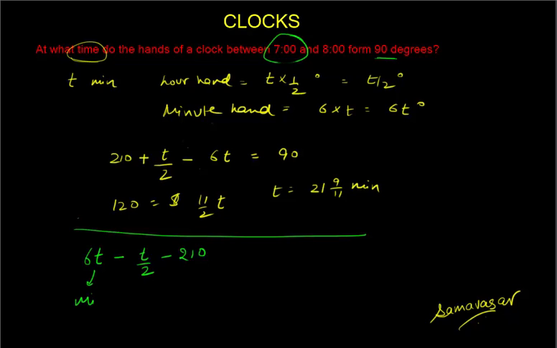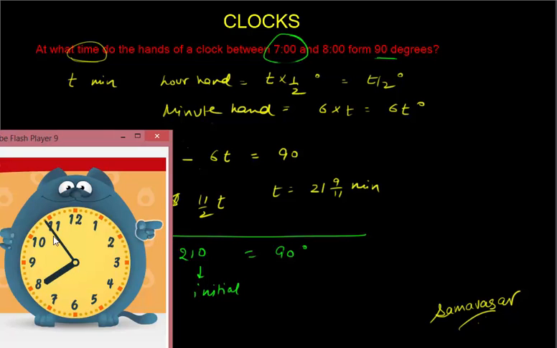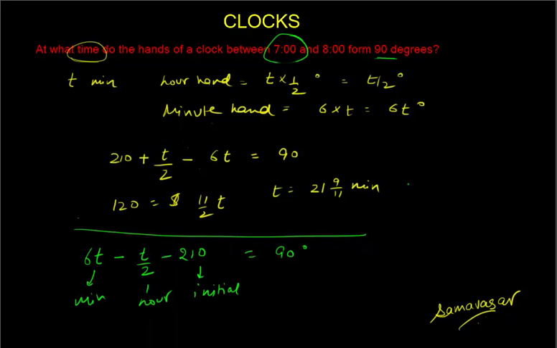This has to be equal to 90 degrees. I am doing this because eventually the minute hand is ahead of the hour hand. When you solve this, you get t equal to 54.6 by 11 minutes, exactly what you got in the previous case.